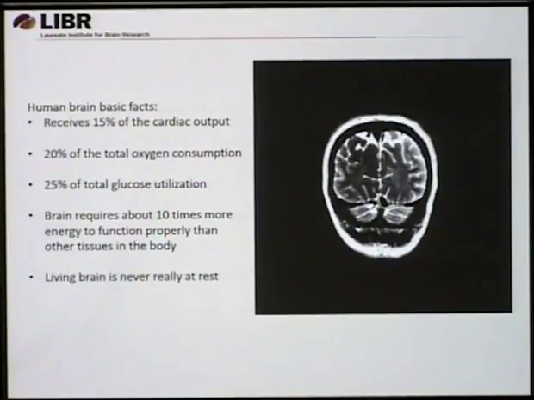For energy to be produced, sugar is needed: glucose utilization is 25% of our total glucose utilization. The brain requires about 10 times more energy to function properly than other tissue in our body.